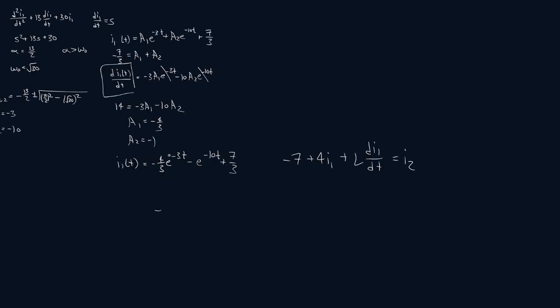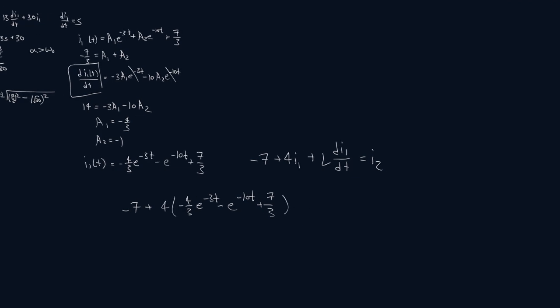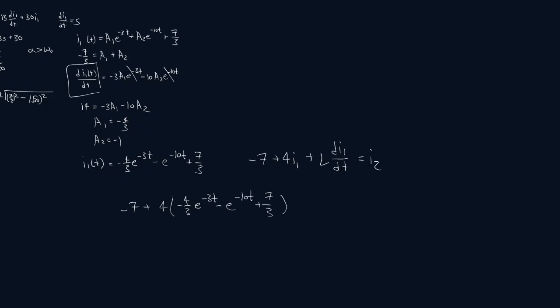Plugging everything in, and then plus, wait, this is supposed to be L1, which is 1 over 2 times the derivative of all of this.